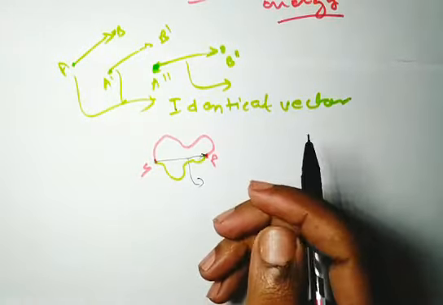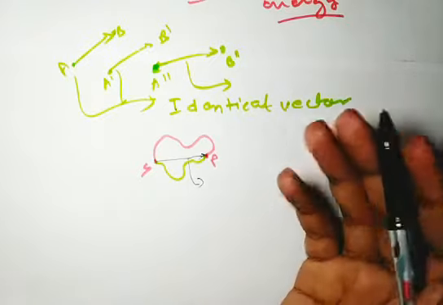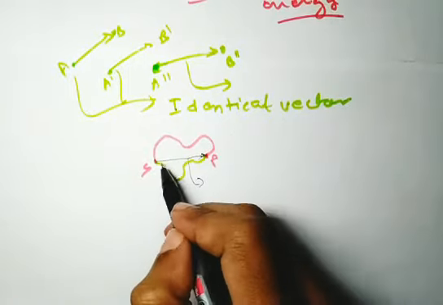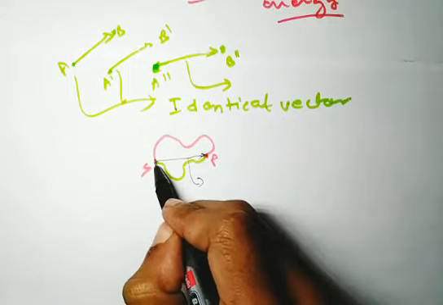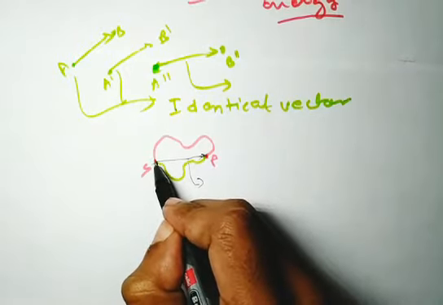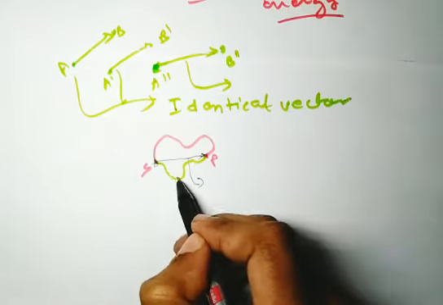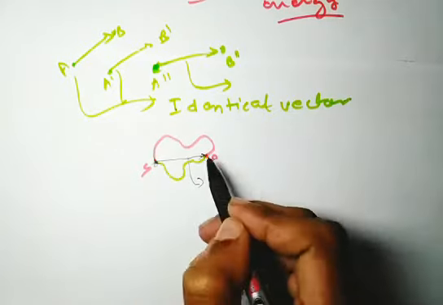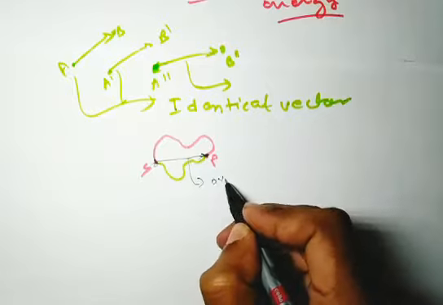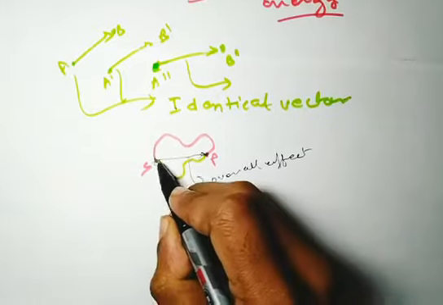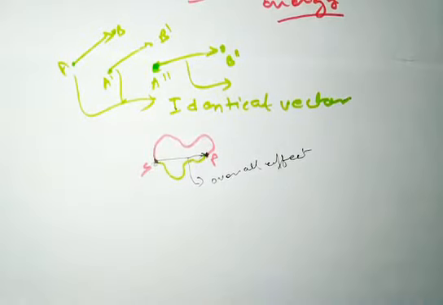The displacement vector represents only the overall effect of motion, not the motion itself. It represents the overall effect of motion, that some particle is here and it takes this path, or it will take this path, but the overall motion, the overall effect is the displacement.